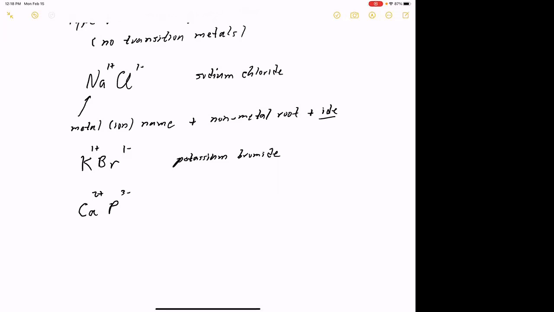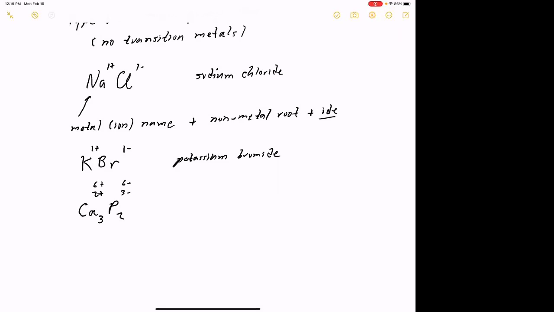So one way I could do that is I could say, all right, if I've got 3 calciums, I'm going to put 3 downstairs here to specify that. Notice that the 2+ times the 3 gives me a total of 6+. Now, how many of the phosphide ions do I need to get the 3- to a 6-? So I need an overall 6-. Yeah, so 2 times 3 is 6. So I'm going to drop that 2 down here.